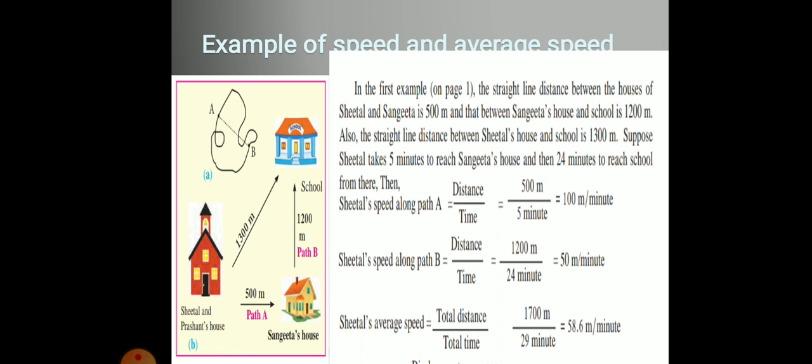So in this example, the straight line distance between the houses of Sheetal and Sangeeta is 500 meters, and that between Sangeeta's house and school is 1200 meters. Also, the straight line distance between Sheetal's house and school is 1300 meters.